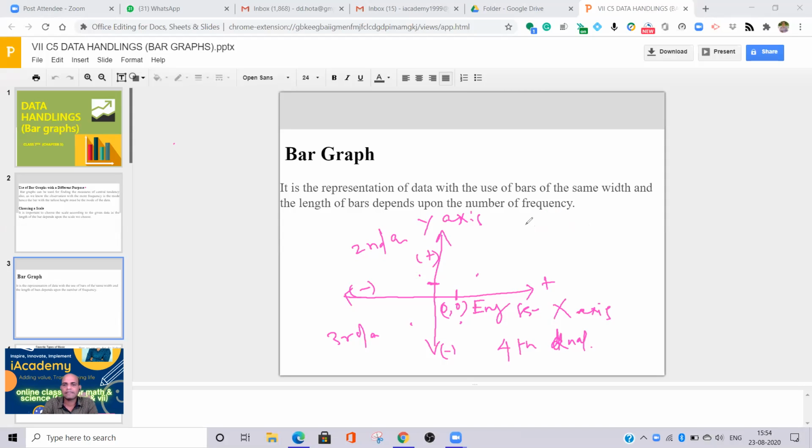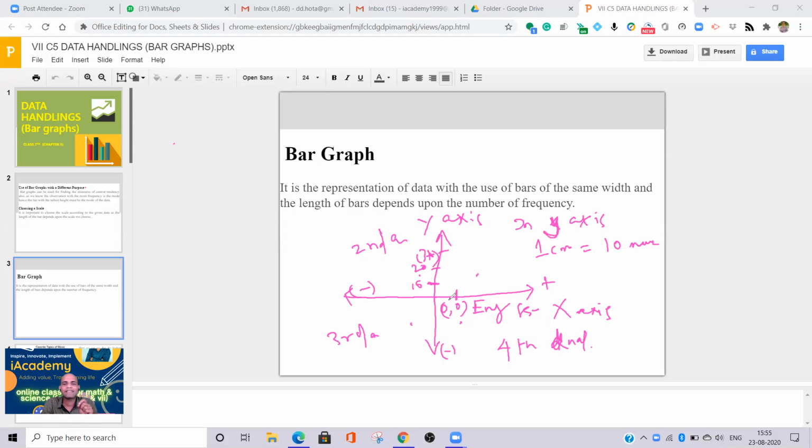In the y-axis, 1 centimeter is equal to 10 marks, right? Sorry, not the x-axis, the y-axis. Then you can say this is 10, this is 20, this is 30, like this it will go. I'm just giving you a brief idea about this, right?